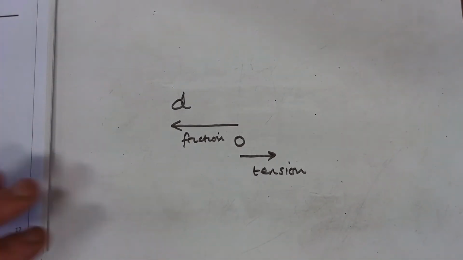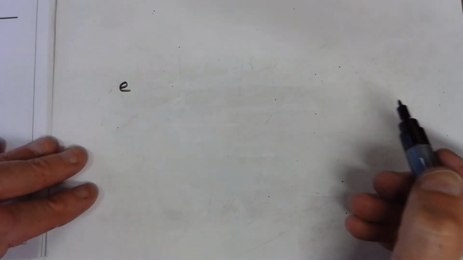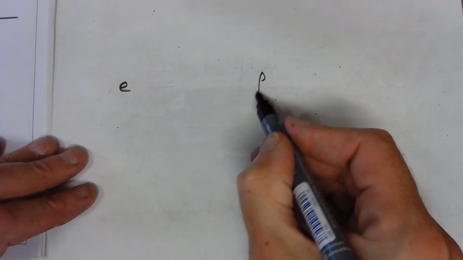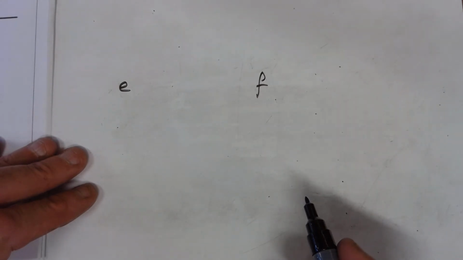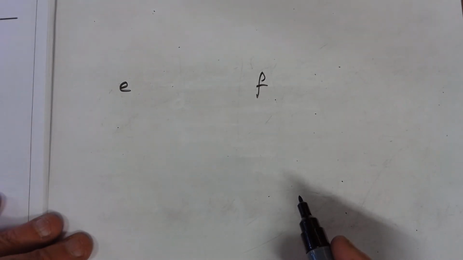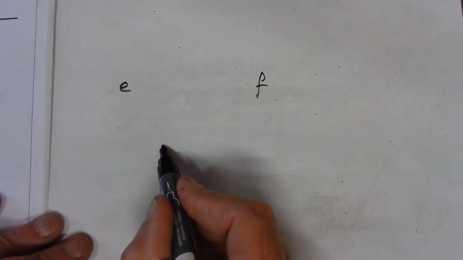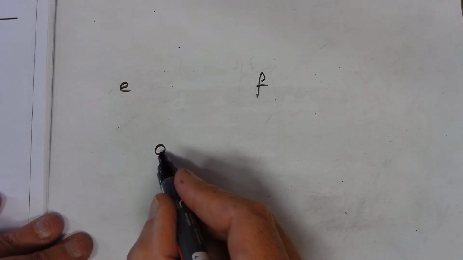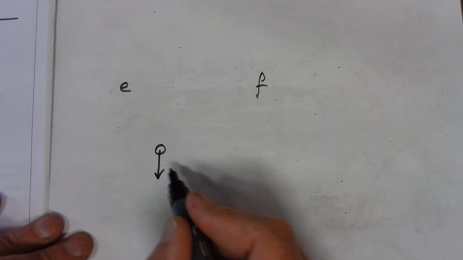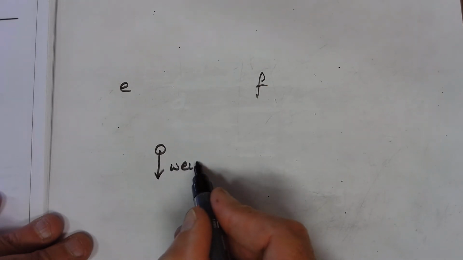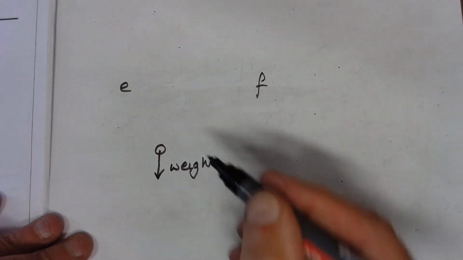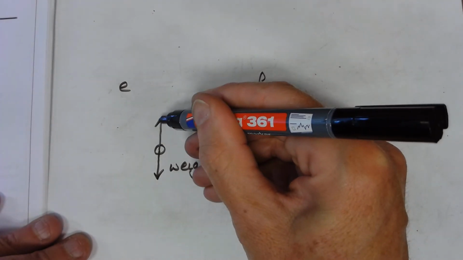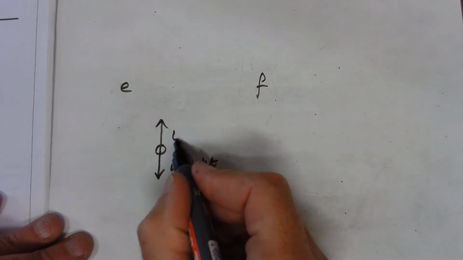I'm going to do E and F together. So E, we have the smaller weight, and F, we have a baby in that apparatus. So the weight is here, the mass we should call it, the mass is here. There's a force acting on the mass which produces weight, and then there's a tension force in that string.